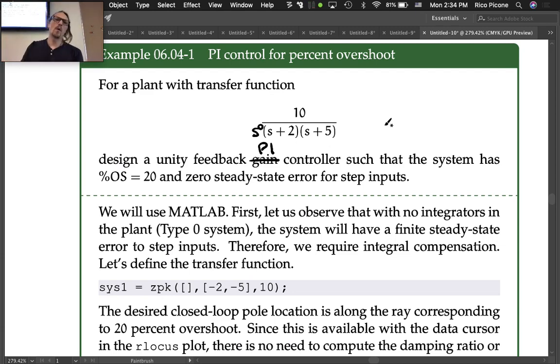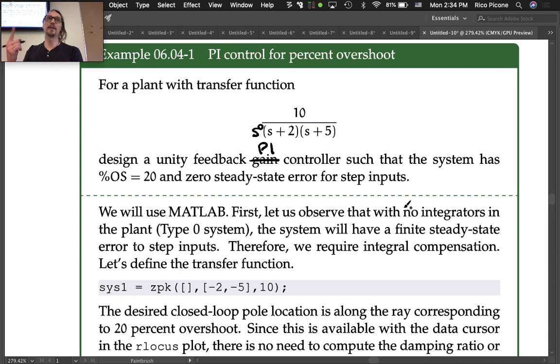So if you were to go back to that table, you would see that a type 0 system has finite steady state error for a step command, and you know that we've got 0 steady state error as our requirement, so we need to include an integrator in our controller. If you include an integrator, you'll be a type 1 system.